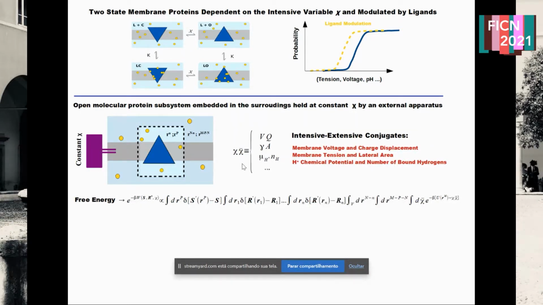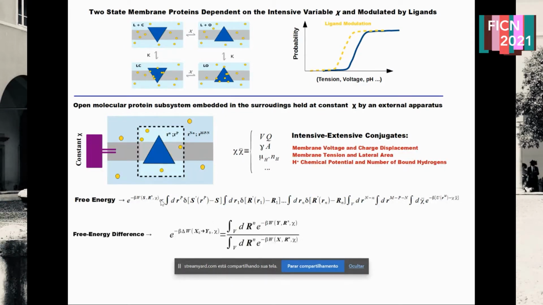For the case of membrane proteins, this typically corresponds to an applied transmembrane voltage and its conjugate charge displacement, or an applied surface tension and its conjugate lateral area, or a chemical potential of protons and the conjugate number of bound hydrogens.